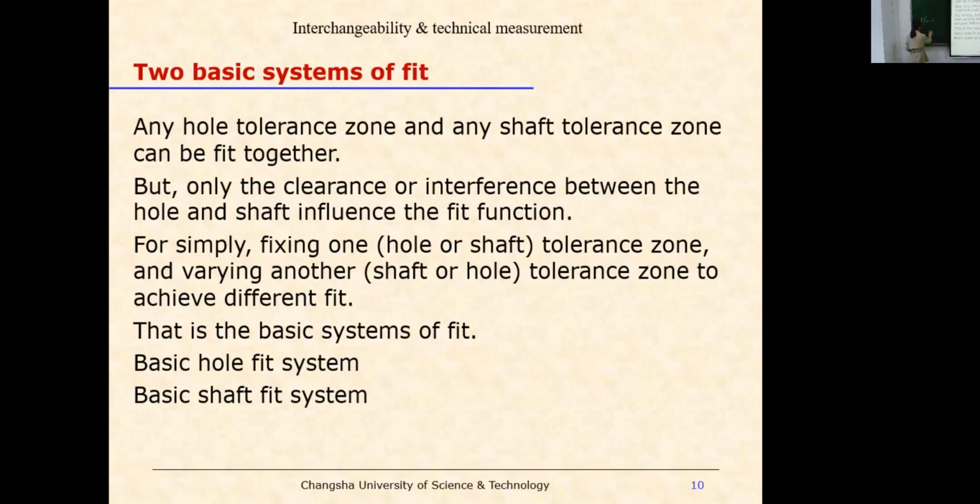It means that the hole is the basic hole over here. Here H is EI equals 0. The basic hole, and we vary the shaft. And the basic shaft means that we fix the shaft, the ES is 0, and we vary the hole.